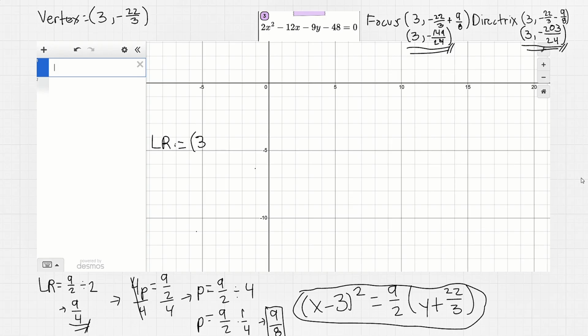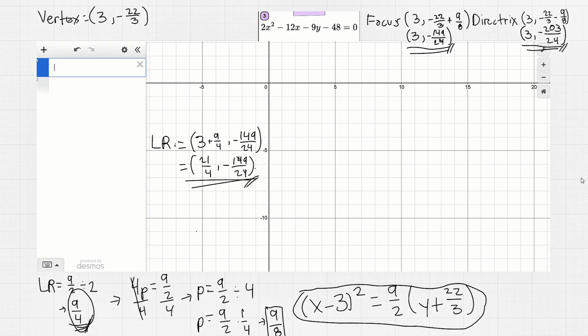So LR1 equals 3 plus our value that we got, 9 over 4, comma, our focus y-value, negative 149 over 24. So let's simplify. 3 plus 9 over 4 equals 21 over 4, comma, we copy 149 over 24. So this must be our LR1.